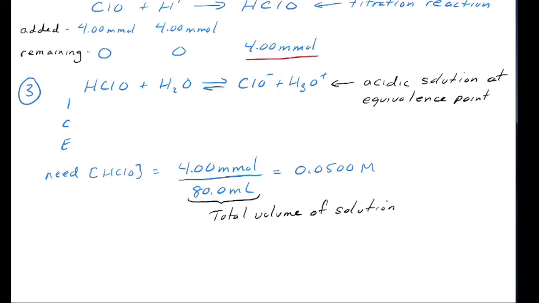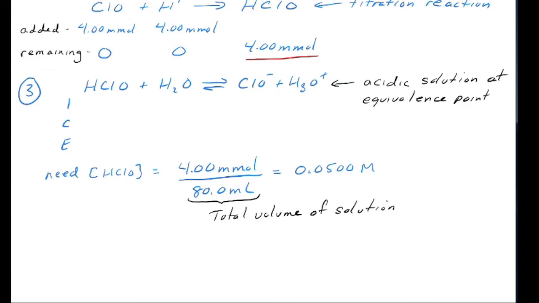Now, to solve a weak acid problem, we set up an ice table, but we don't have all the information quite yet, because what we calculated previously was how many millimoles of HClO we have at the equivalence point, and when we're doing ice tables, we need a concentration. To find concentration, we need a moles per liter calculation. We already have moles.